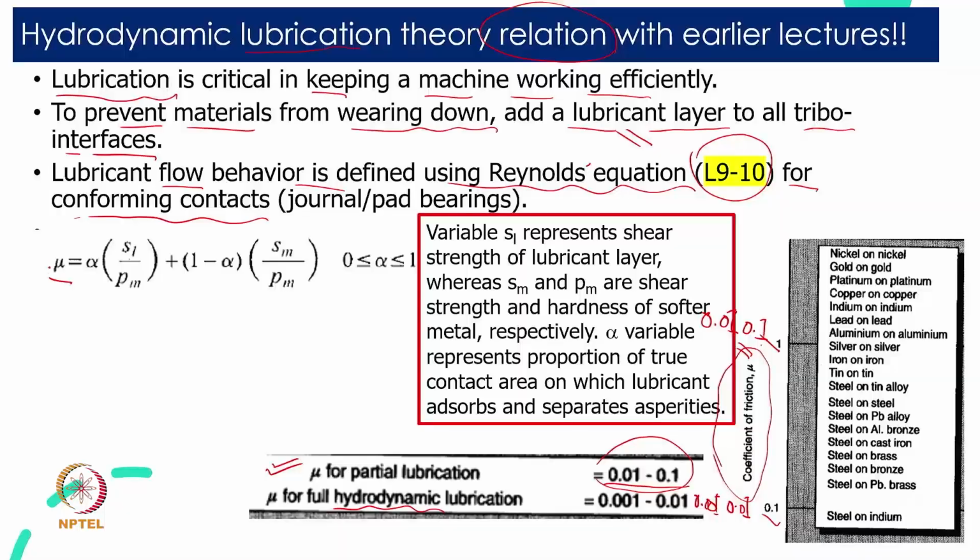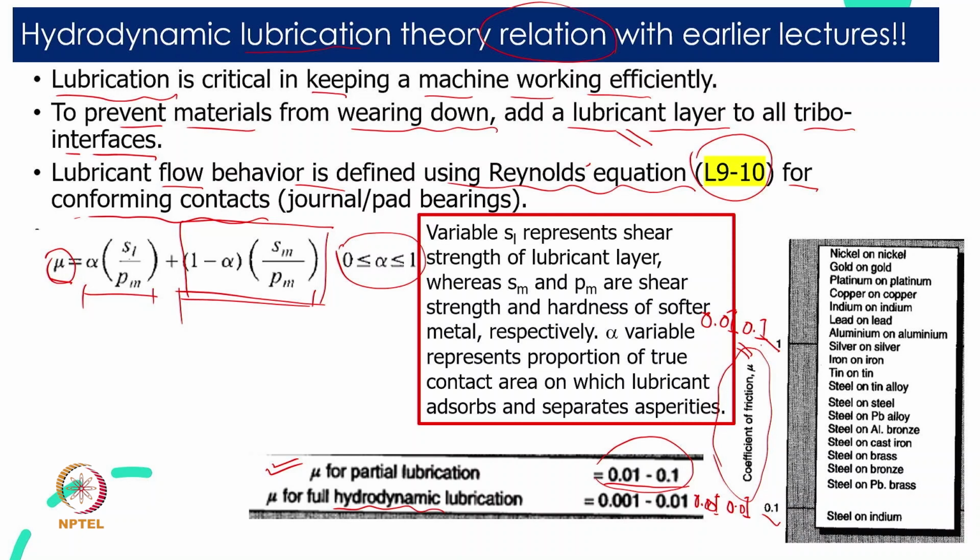We also learned that the coefficient of friction is a summation of a first term and a second term. Here alpha is a multiplication factor whose value varies from 0 to 1. Alpha will be 0 if there is only metal to metal contact and no lubrication, meaning 100% of friction is because of metal to metal contact.